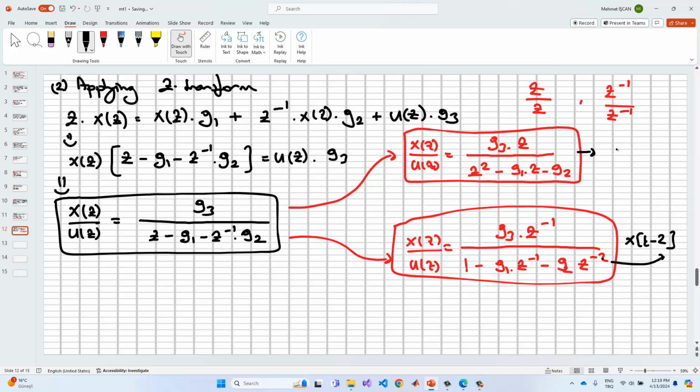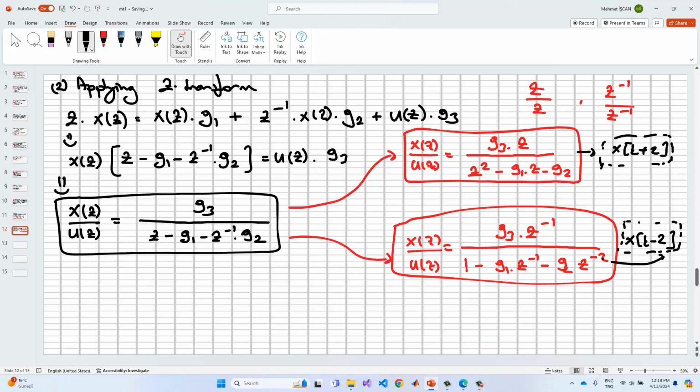But the other form contains xk plus 2, which is given here just like this one, which means that we need future values for this equation because we have the z square form here. Okay, this is important because in a real-time application we may use either this form or this form. It depends on the implementation of your system.